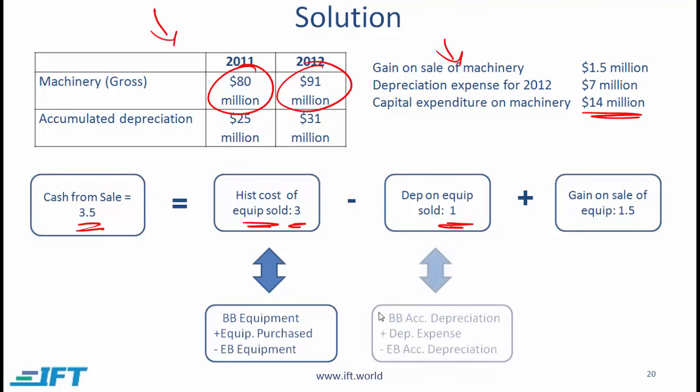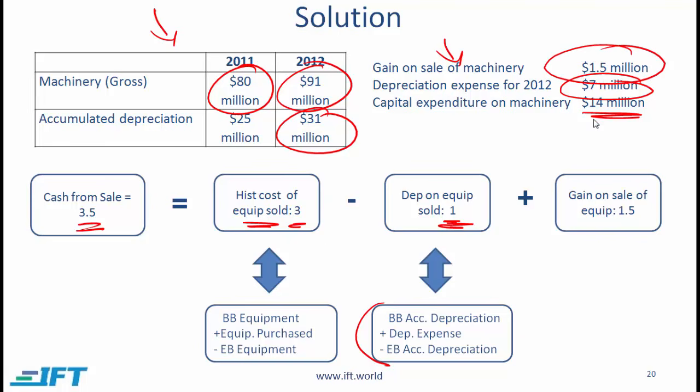And you get that using this expression: beginning balance of accumulated depreciation, which is 25, plus depreciation expense 7, minus accumulated depreciation at the end 31, so that should give you 1. And then the gain on sale of equipment from the income statement is 1.5. Put these numbers together and you should get 3.5.